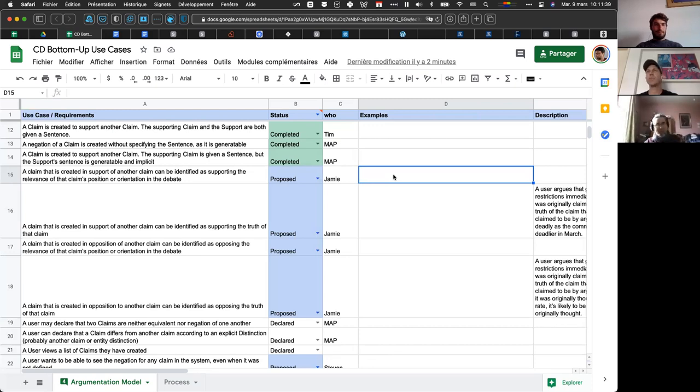Let me see if I can come up with a good example. Sure, I'll do the same. The total number of hurricanes in 2020 is relevant to the claim that the number of hurricanes has been rising in recent years.